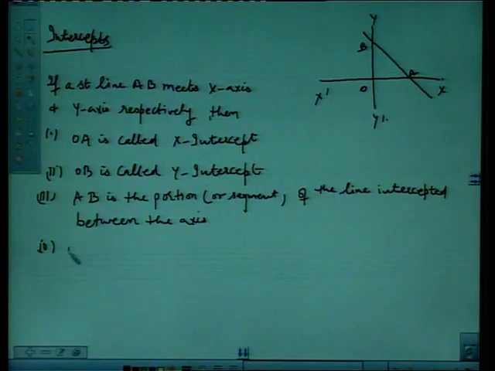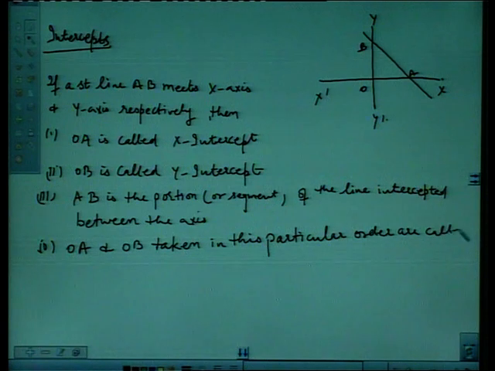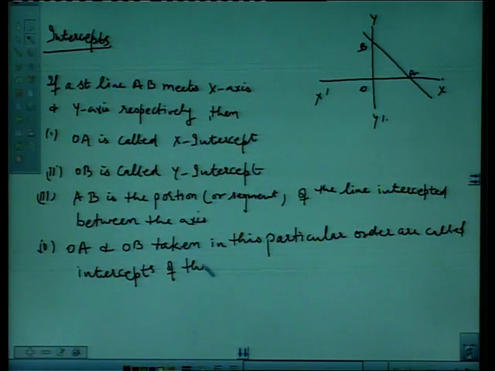Number 4, OA and OB taken in this particular order are called intercepts of the line on the axis.